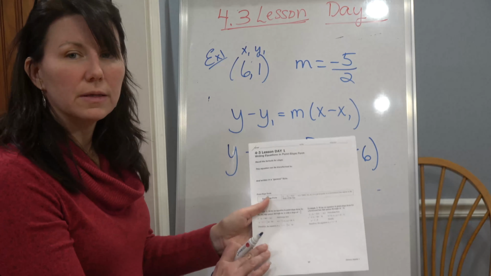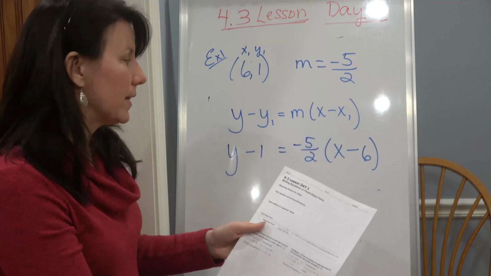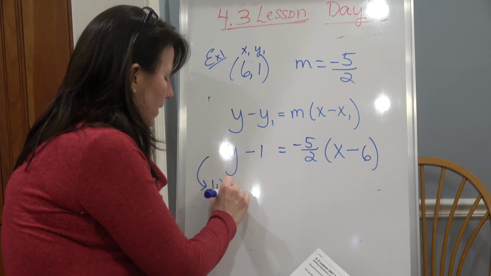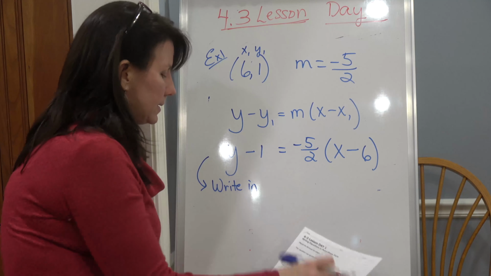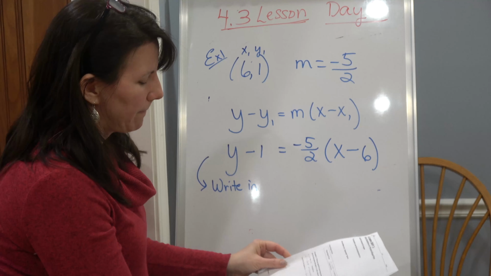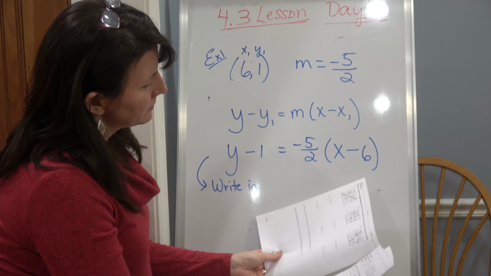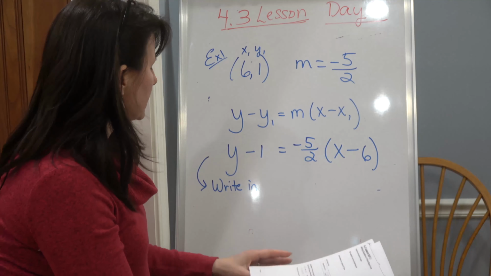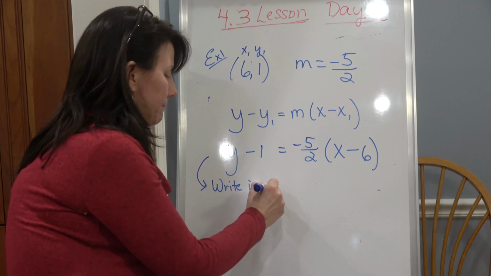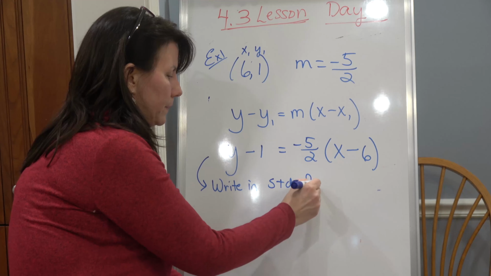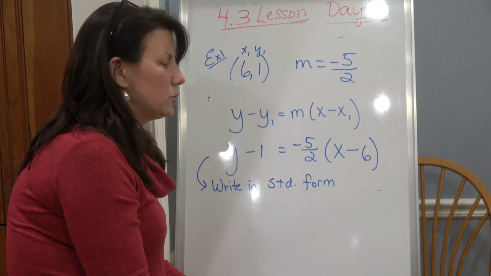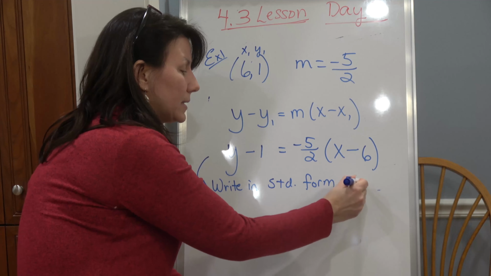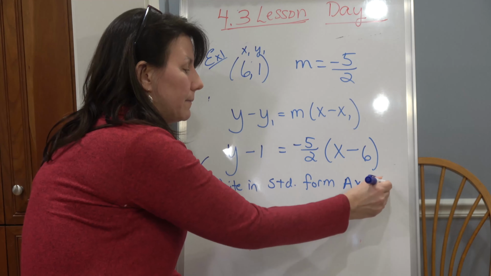And so add on to this example underneath the space I've provided here, add on the following, okay? If you wanted to take this and write it in, let's say, standard form, what would you need to do? Well, you need to know that standard form is that ax plus by equals c form, right?